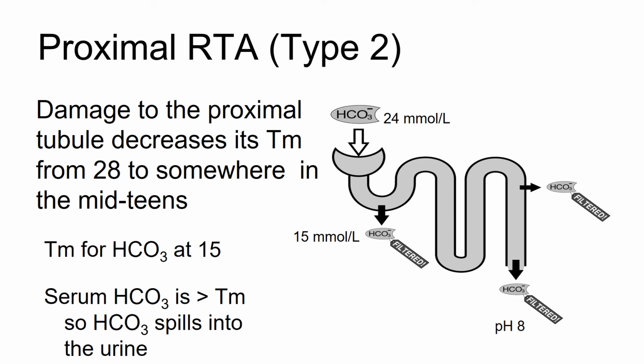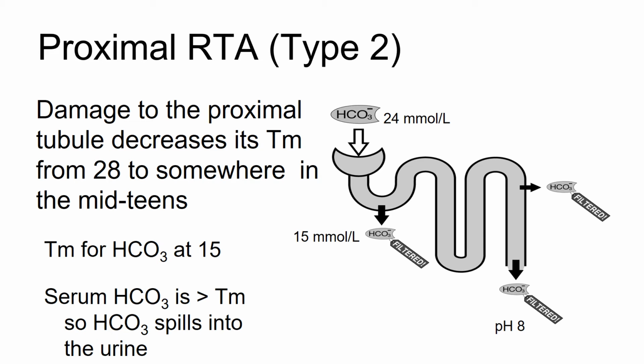So proximal RTA is a condition where for some reason the Tmax of the proximal tubule to reabsorb bicarbonate, which normally should be 24 millimoles per liter, has dropped down to say 15 millimoles per liter. So now when 24 millimoles of bicarbonate come down the proximal tubule, the kidney is only going to reabsorb 15 millimoles of that back.